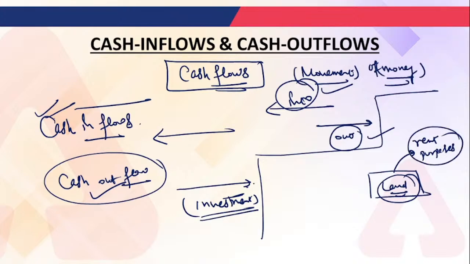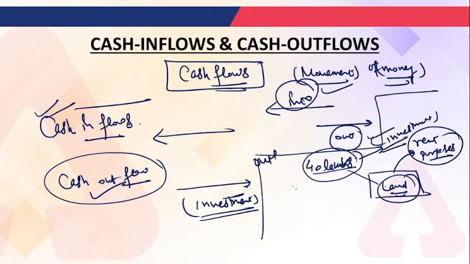Say the company purchased this land for 40 lakh rupees. That will be understood as an investment for the company, and also as a cash outflow, because that 40 lakh rupees is going out from the business.